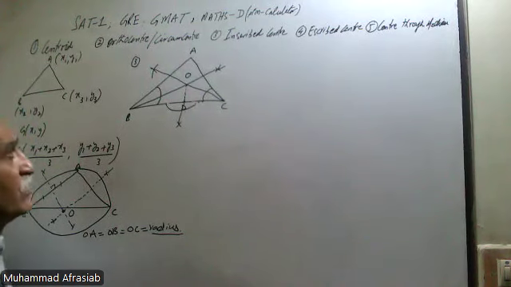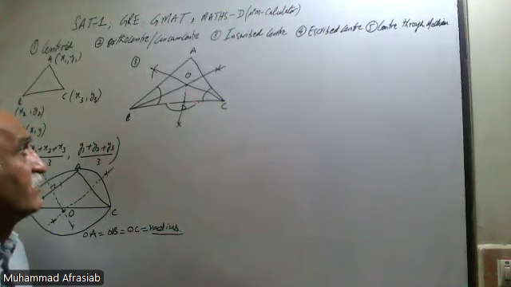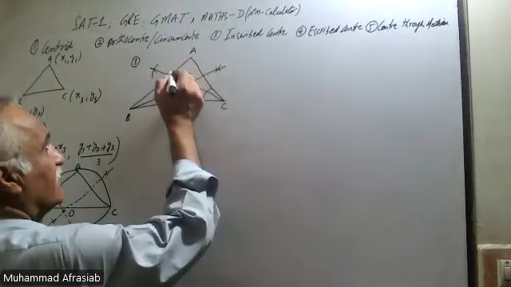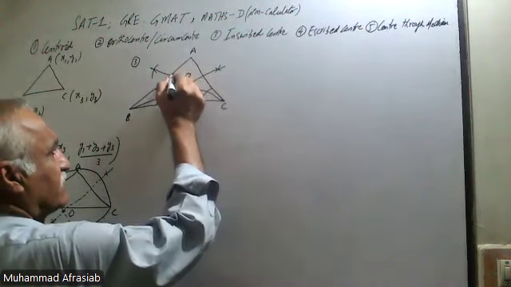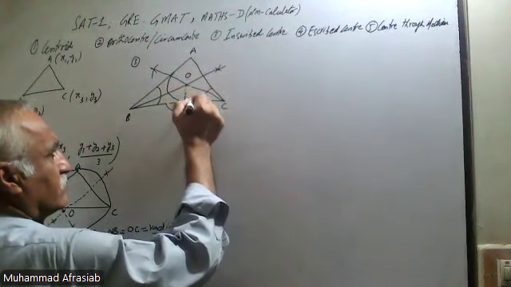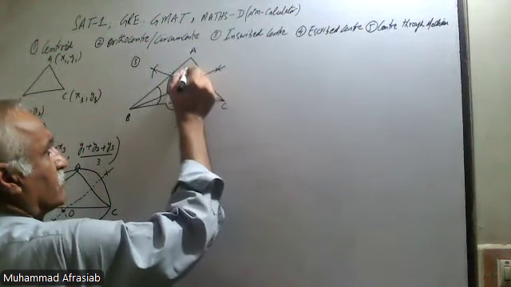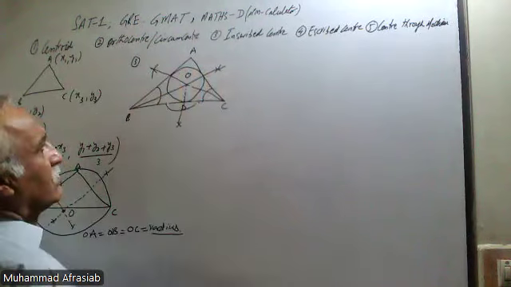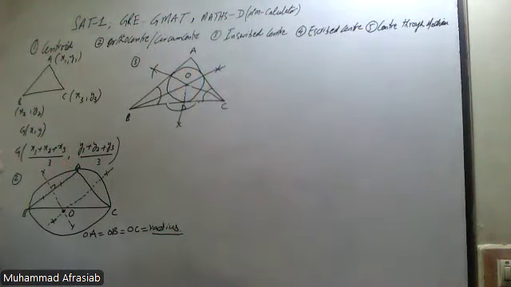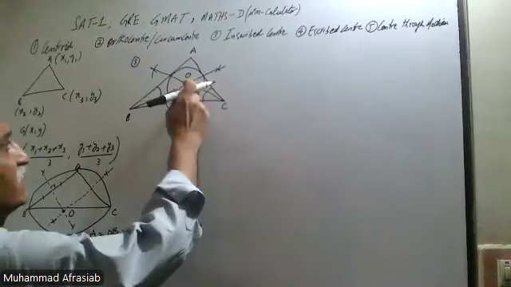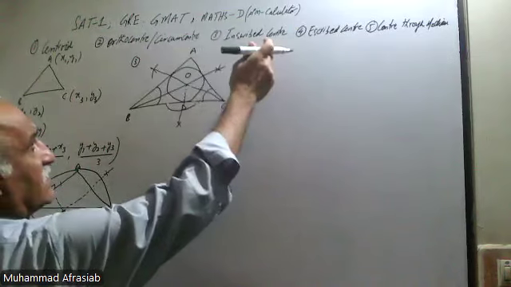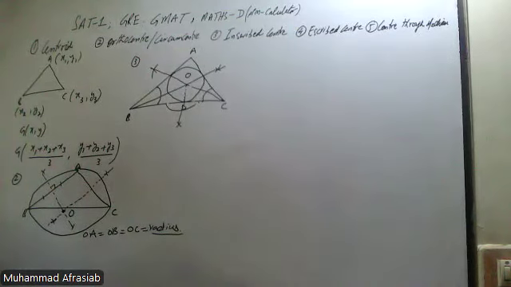And when you open the compass and draw a circle from this point O, then it is going to touch the three sides. And these AB, BC, and AC will become tangents to that circle. So this center is called the inscribed center.